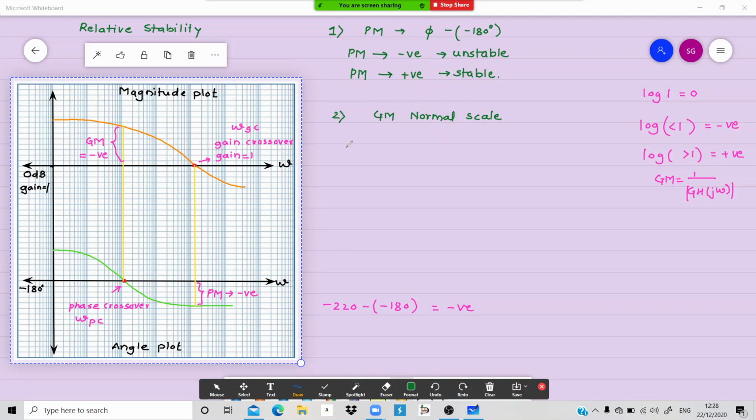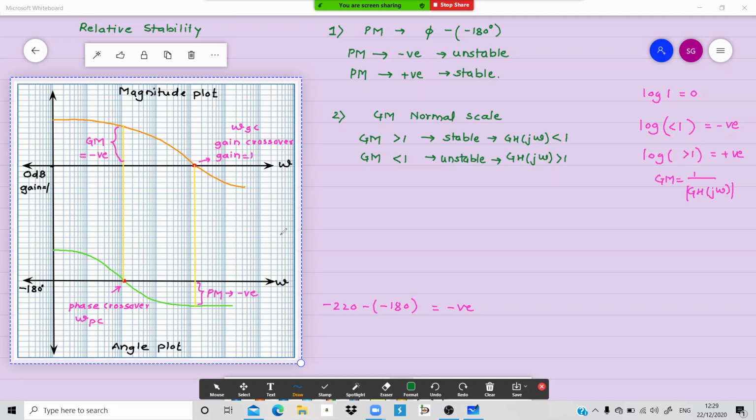And we had seen that when GM is greater than 1, the system is stable. Why? Because when GM is greater than 1, it means |GH(j omega)| is less than 1, and yes, the system is stable. On the same line, when GM is less than 1, that means |GH(j omega)| is greater than 1, and that means your system is unstable. Very much easy to absorb.